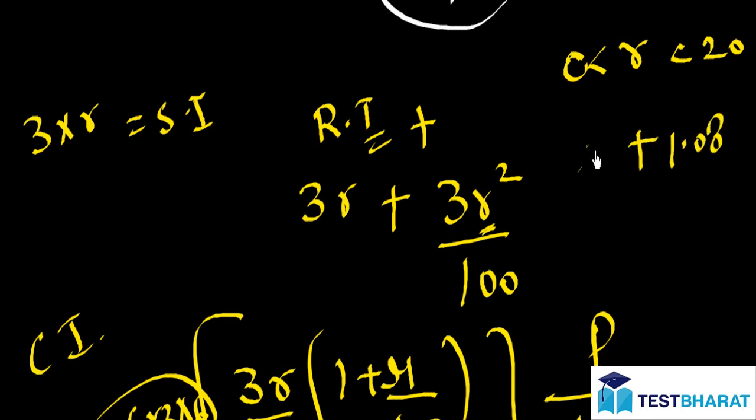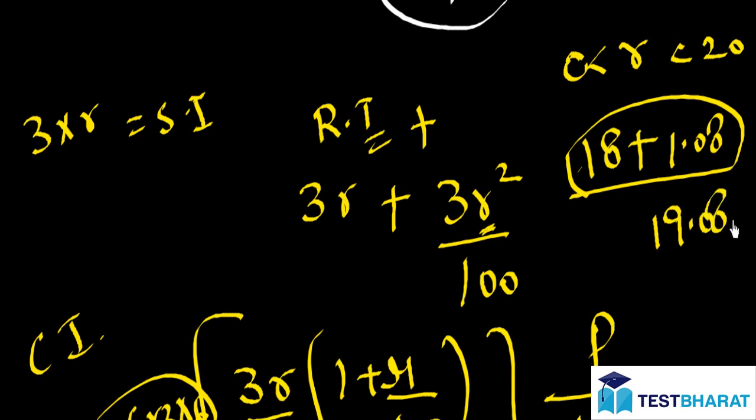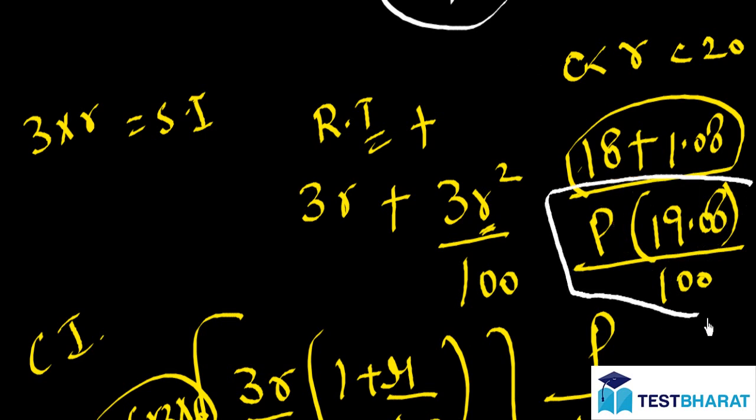You can do all this calculation in your head. You need not write a word on the paper. So you can say this is 19.08, and I'm going to multiply it with principal, dividing it by 100. That will give me essentially my compound interest without touching the pen and paper. You can do this.